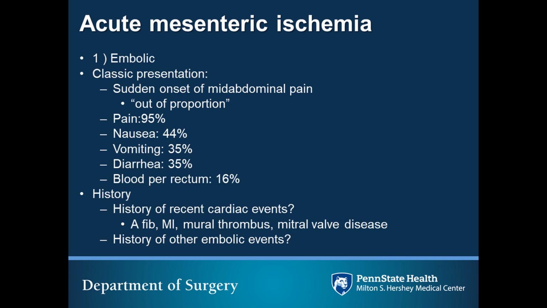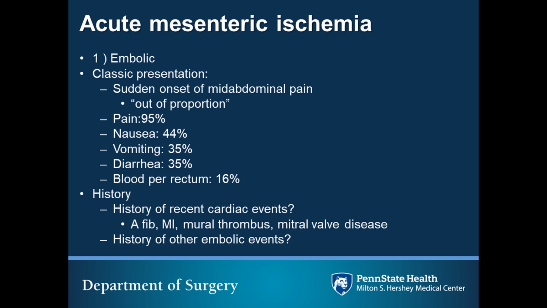Next, I'm going to go into a little bit more detail about the 4 subtypes, starting with embolic. The classic presentation for embolic acute mesenteric ischemia is sudden onset of mid-abdominal pain, sometimes described as pain out of proportion. You can see that almost all of these patients have pain, but also can commonly have nausea, vomiting, diarrhea, and blood per rectum.